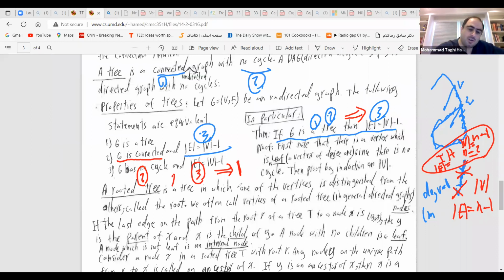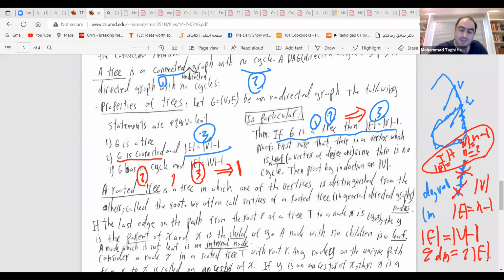Good. So why do we have this one? Why, if the graph has no cycle and the number of edges is v-1, should the graph be connected? Again, we are using induction. First, we know that here E is equal to v-1. We know that the sum of the degrees of this graph is equal to 2 times the number of edges.